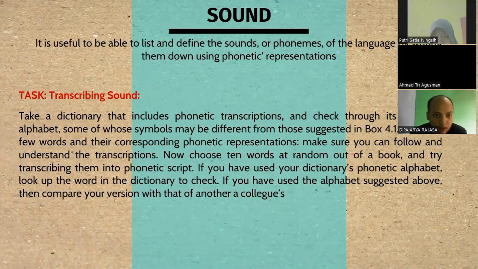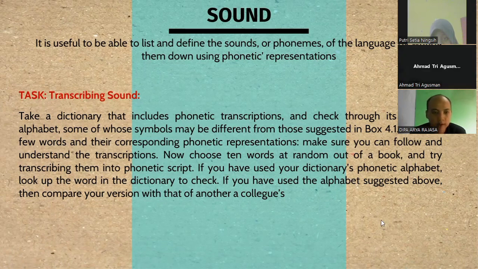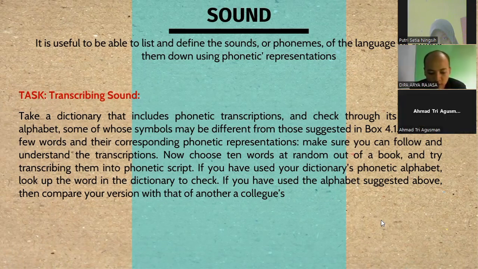So the task is transcribing sound. Take a dictionary that includes phonetic transcriptions and check through its phonetic alphabet, some of whose symbols may be different from those suggested in box 4.1. Look at a few words and their corresponding phonetic representations.